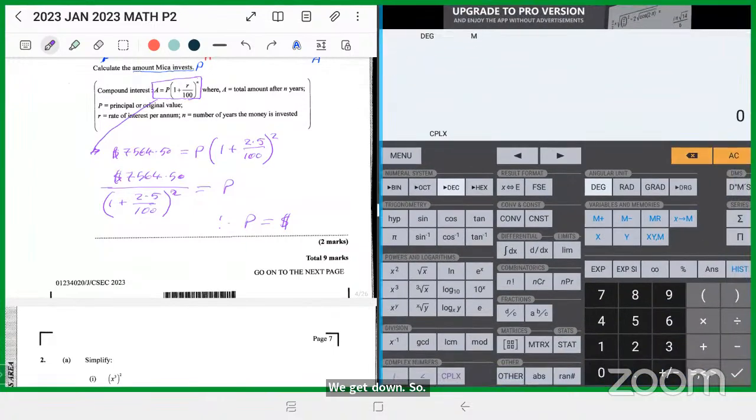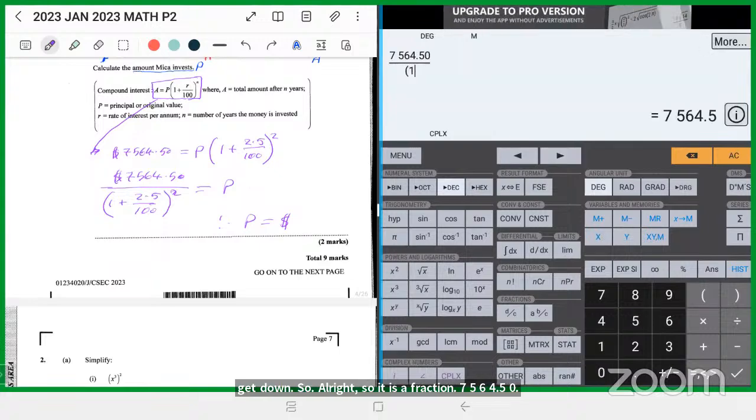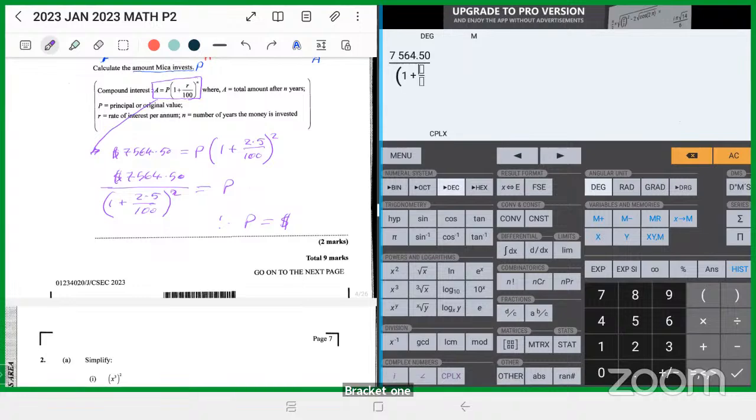It is a fraction: 7564.50 over bracket 1 plus a fraction 2.5 over 100 close bracket raised to the power 2.